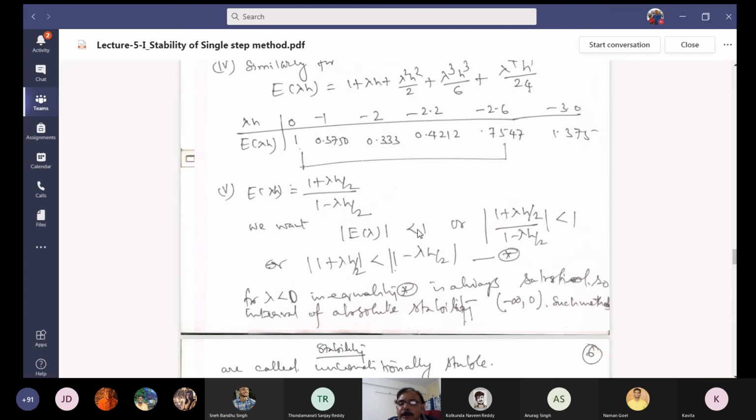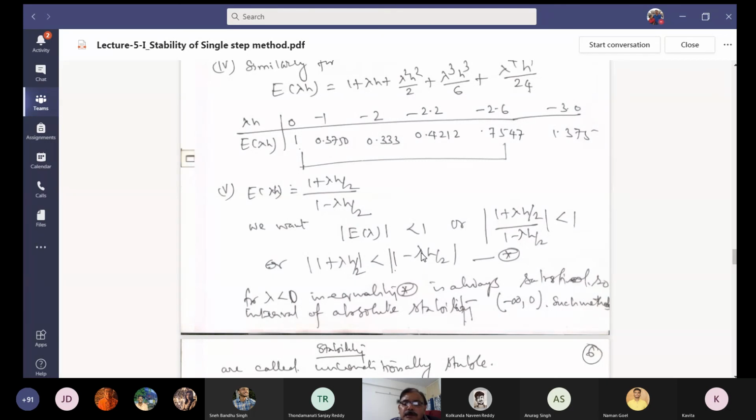For lambda less than 0, h is always positive, so lambda h will also be negative. So we want this quantity to be less than 1, or 1 plus lambda h by 2 should be less than 1 minus lambda h by 2. But lambda is less than 0, so this will become positive and this will become negative. So it is very obvious that it is true for all lambda. Is that right?